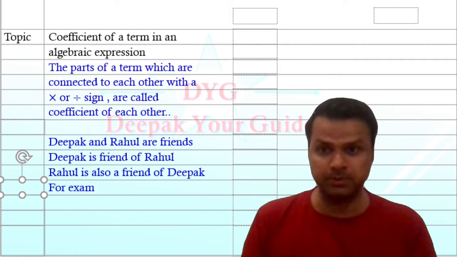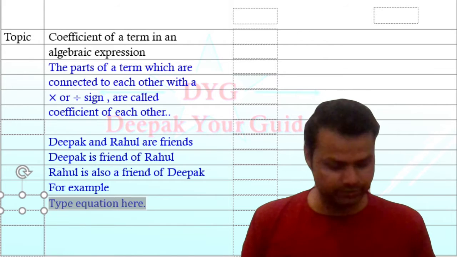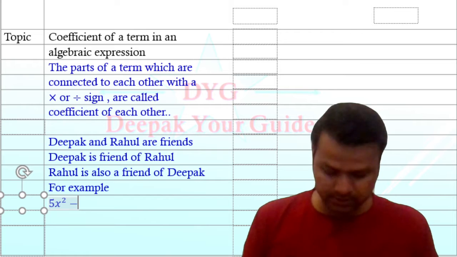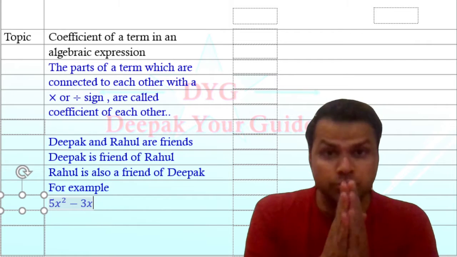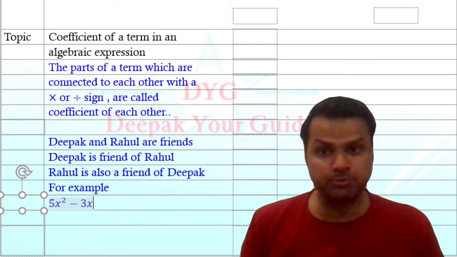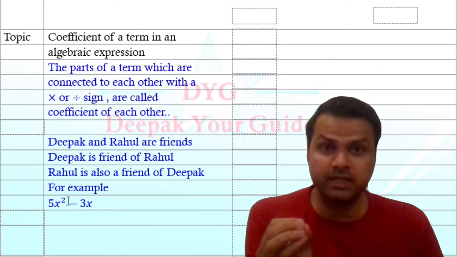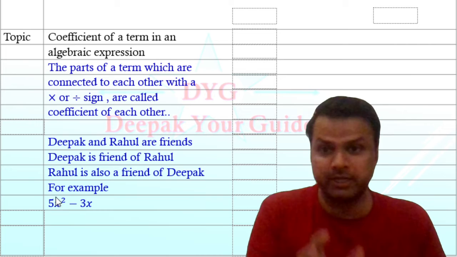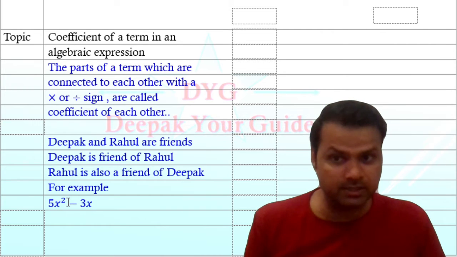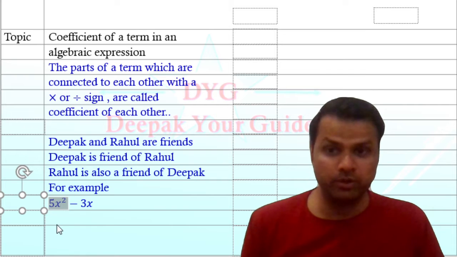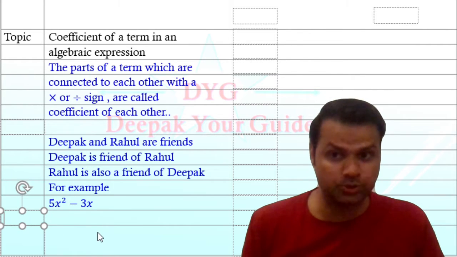So, for example, let's say we have 5x to the power 2 minus 3x. When we look at this algebraic expression, we know it has two terms. But we need to understand the coefficient of each term. Let's look specifically at the first term, 5x squared.